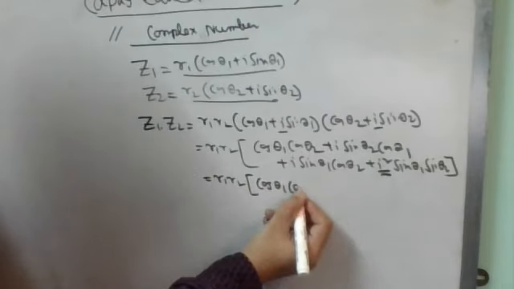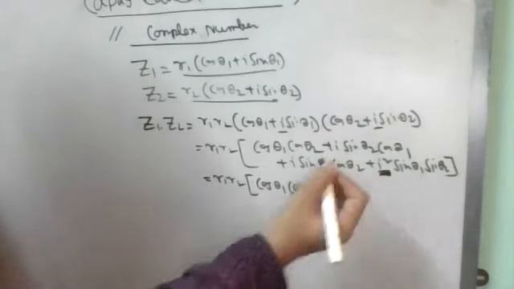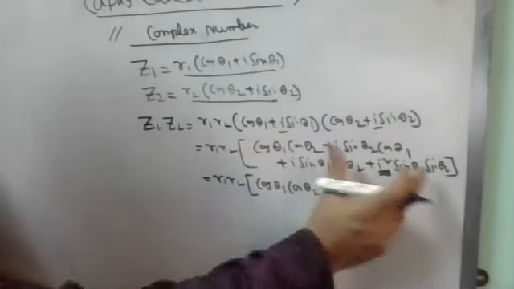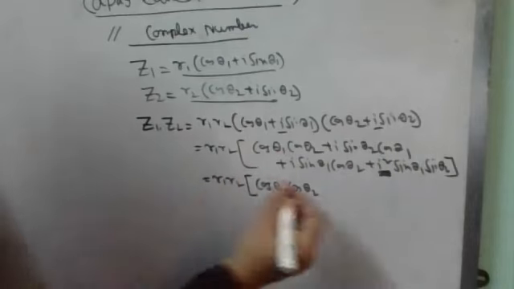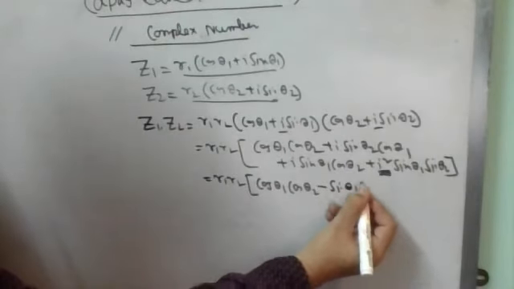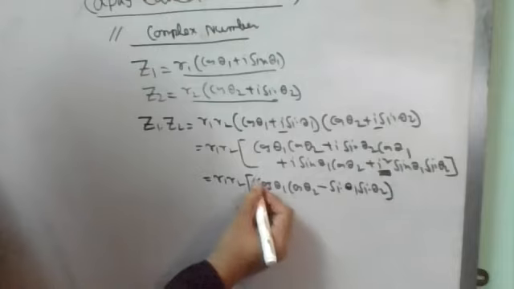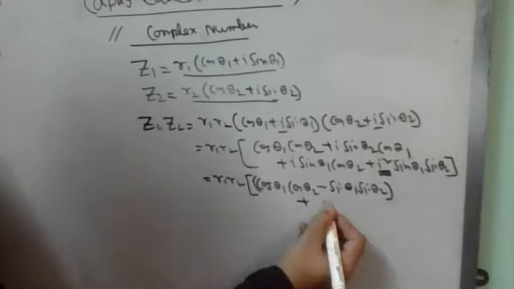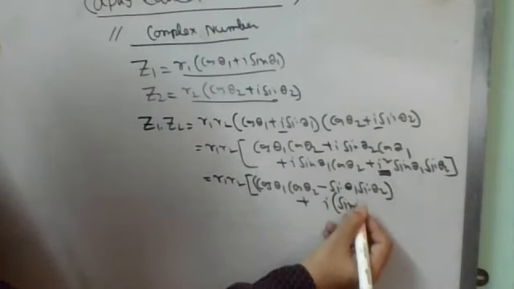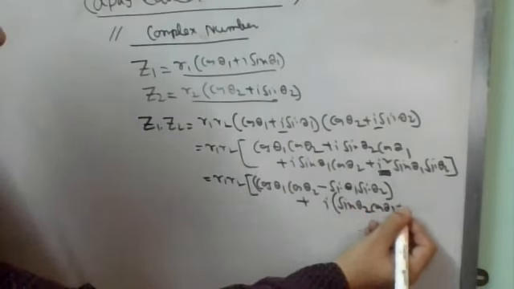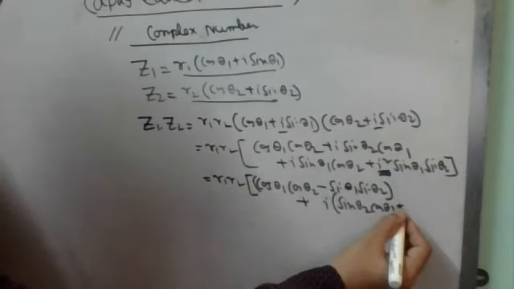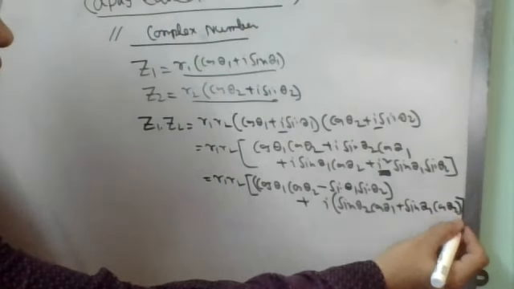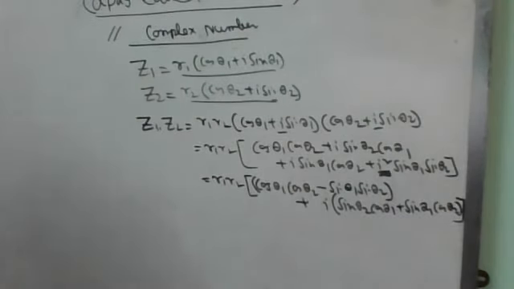Cos θ1 cos θ2, instead of this you put -1, and that will become real. Put the real part in one bracket and keep the imaginary part isolated: i (sin θ2 cos θ1 + sin θ1 cos θ2).